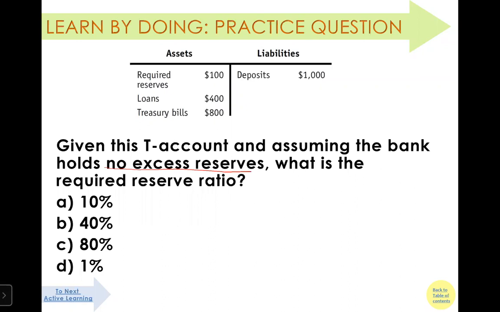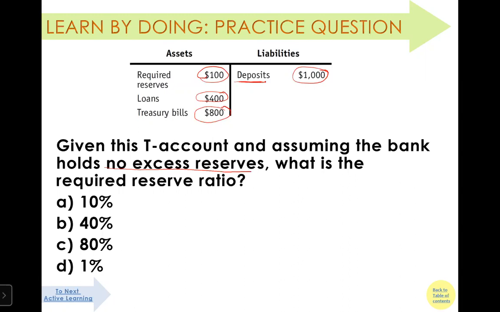Now let's see what happened. In this case, the bank has $1,000 of liability, which shows up as deposit. The required reserve is 100. The bank makes a loan of 400, and they also have some treasury bills of 800.